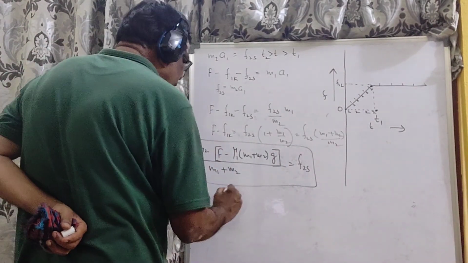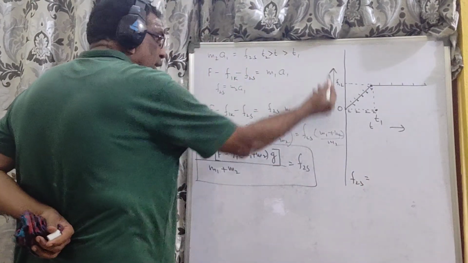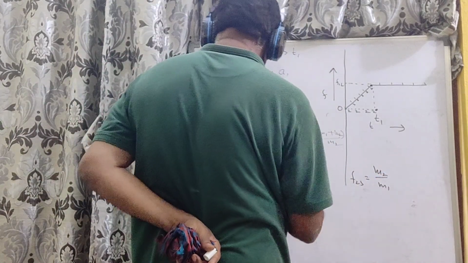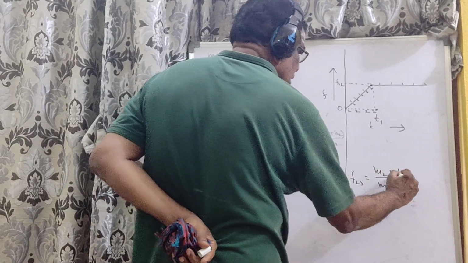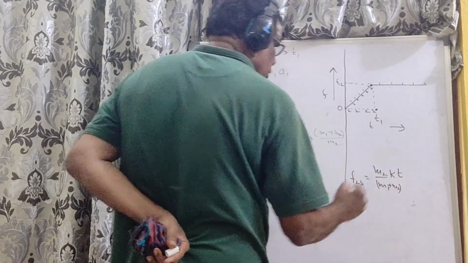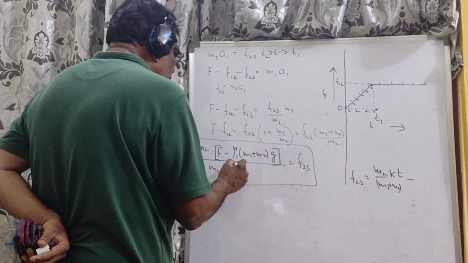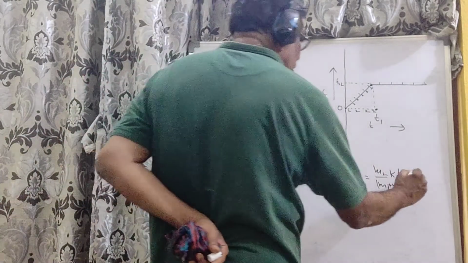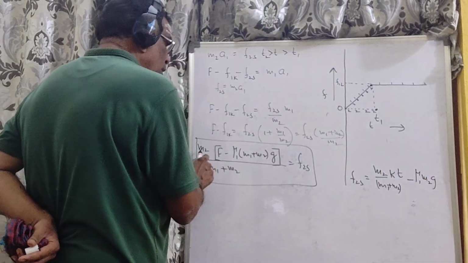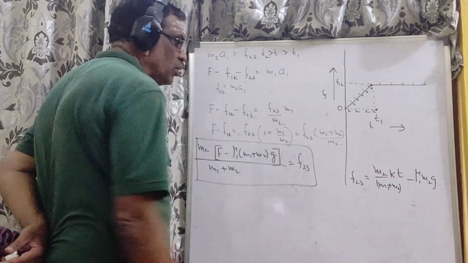If I rewrite this in a way we understand, F2S is Y is equal to M2 by M1. F is KT, M1 plus M2 and minus M1 plus M2 gets cancelled, mu1 into G. M2 into mu1 into G. That's what you are going to get out of.